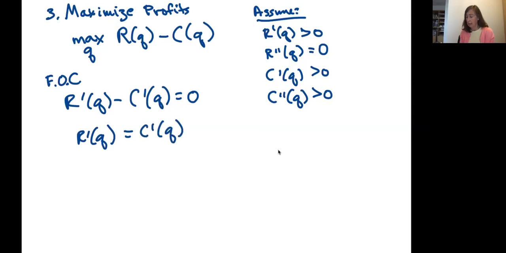In slightly more general language, what we would say at any optimum point is that marginal benefits equal marginal costs. And that is the punchline to many, many optimization problems that you will encounter in social science, especially.